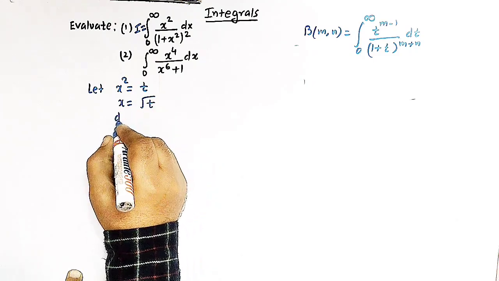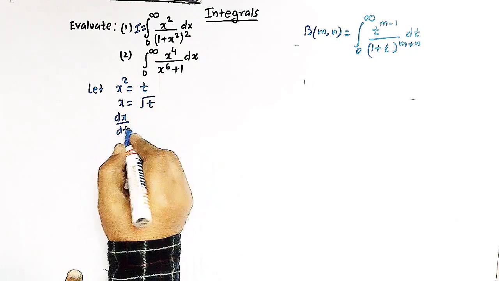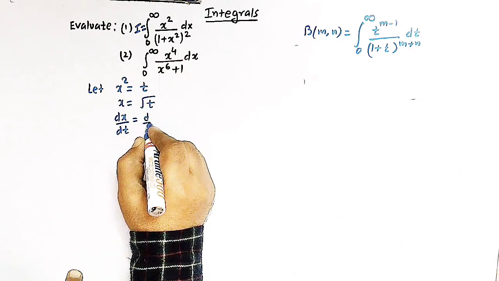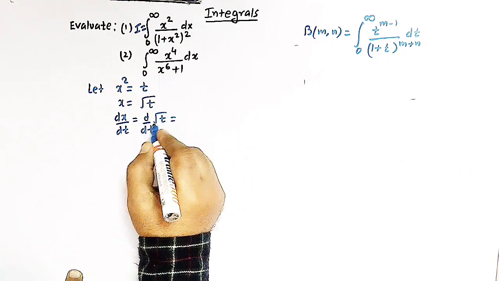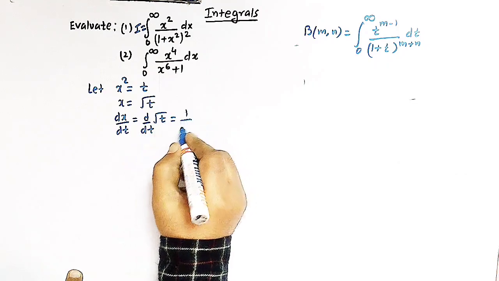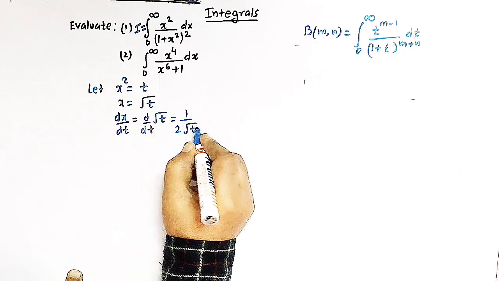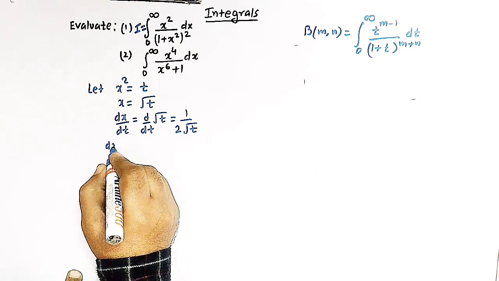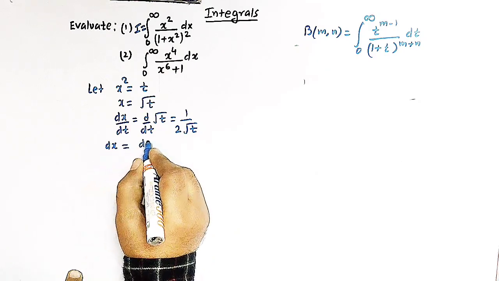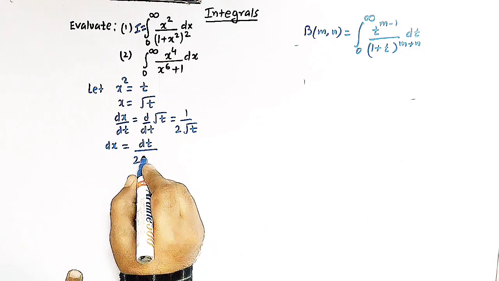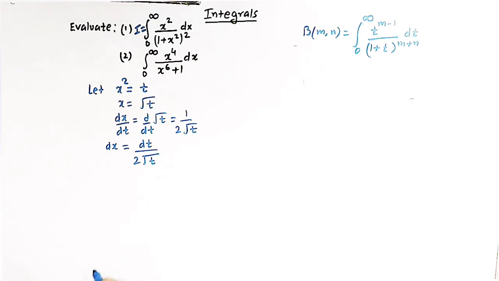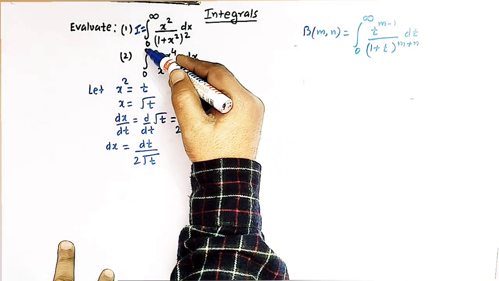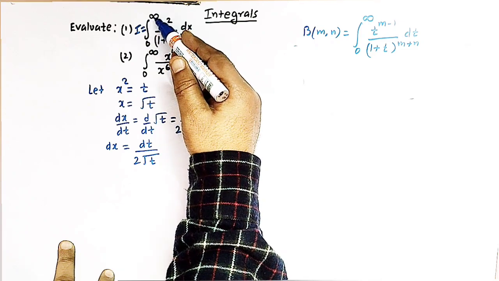Let us differentiate x with respect to t. So we have dx over dt is equal to the derivative of square root of t, and the derivative of square root of t is 1 over 2 times square root of t. So now we can write dx is equal to dt, and here we have 2 times square root of t. So now let us change the limit. So here x varies from 0 to infinity.